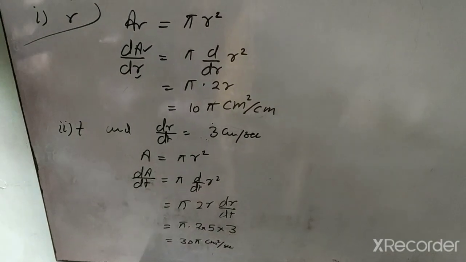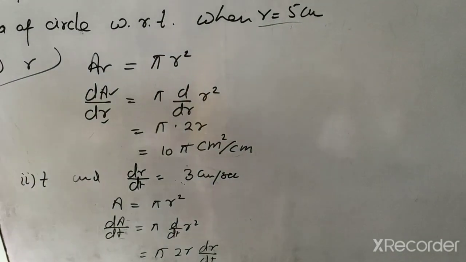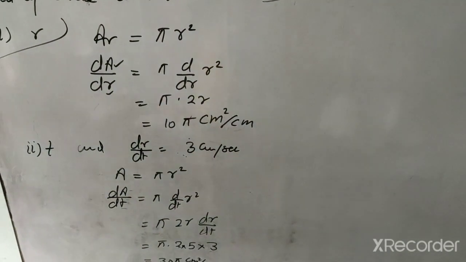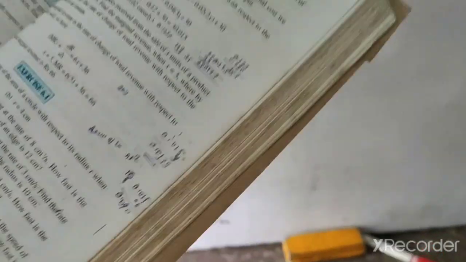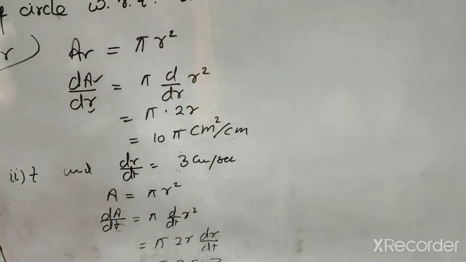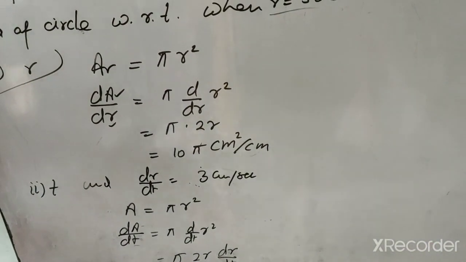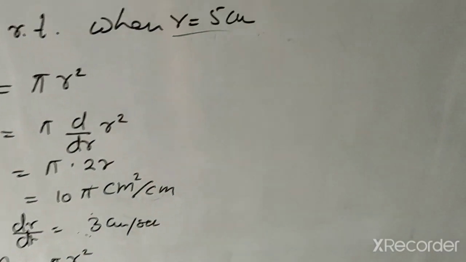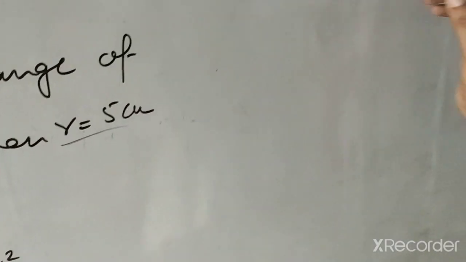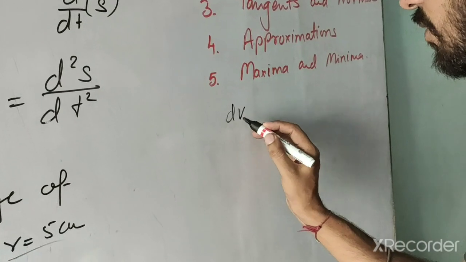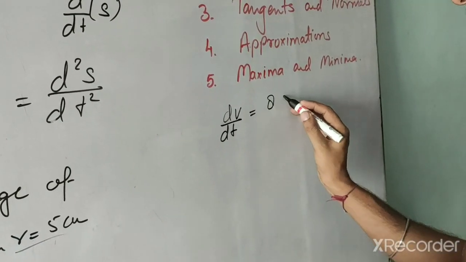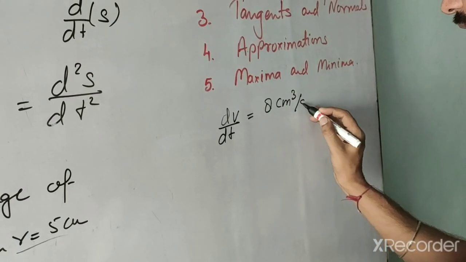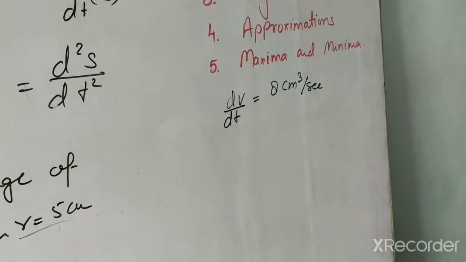Now in the series of the questions, we are going to the next question. This is a question from the exercise 6.1 NCERT, question number 2. The volume of a cube is increasing at a rate of 8 centimeter cube per second. The rate of change of volume, dV upon dt, is given as 8 centimeter cube per second.